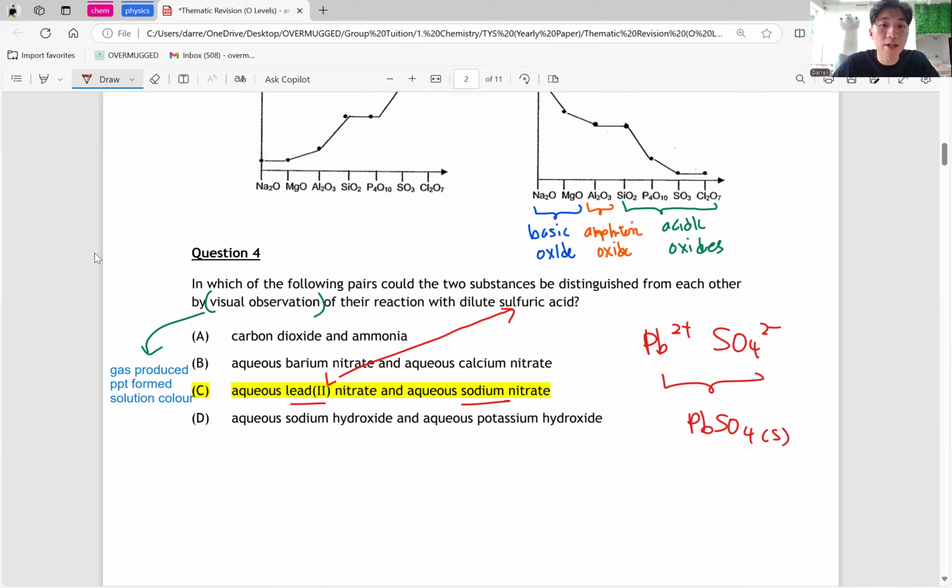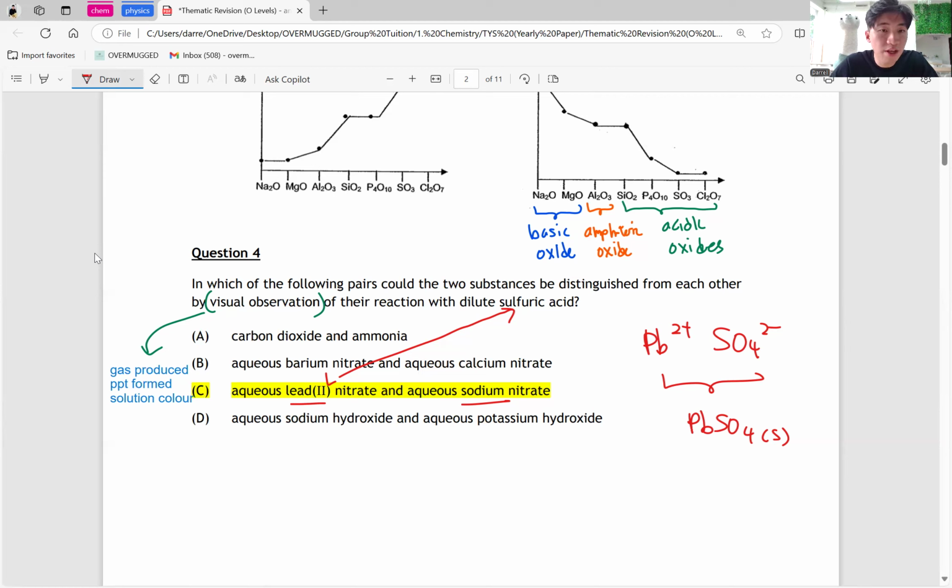This goes back down to whether you know your insoluble salts and your soluble salts. So whenever you have two ions coming together to form an insoluble salt, this process is known as precipitation. So by visual observation, the point that was met is that a precipitate will form, allowing you to identify which substance here is the lead nitrate, while the sodium nitrate will not give you any visible change.